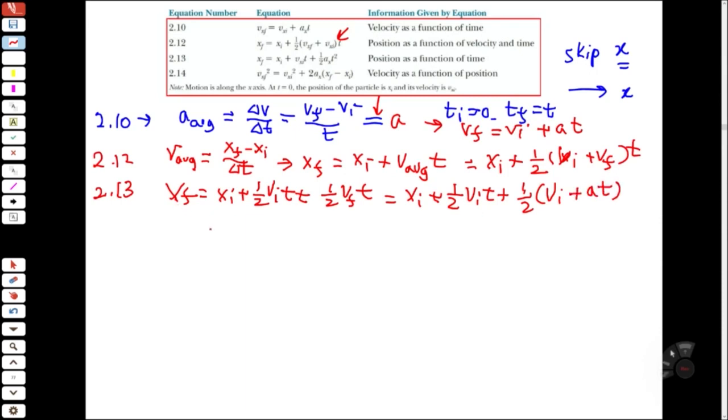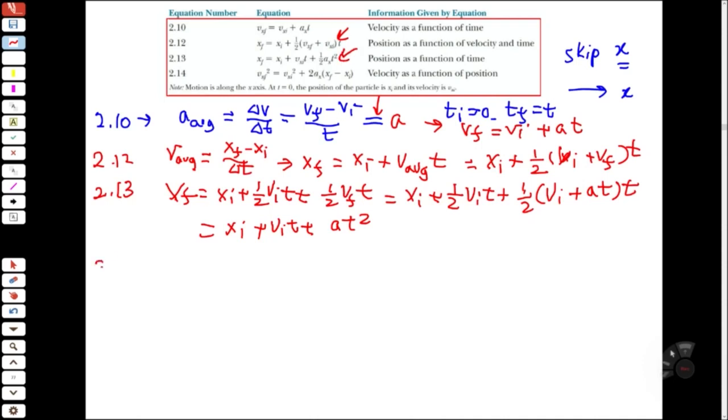That gives you xi plus 1/2 t times (2 vi plus at), so it gives you xi plus vi t plus 1/2 a t squared. Okay, so that is the third expression.